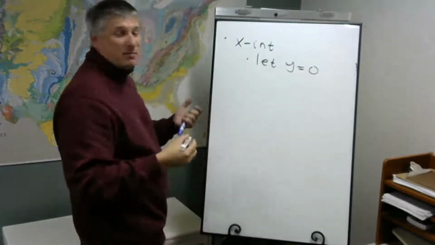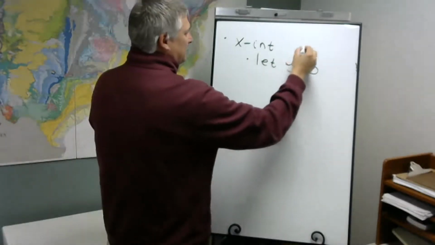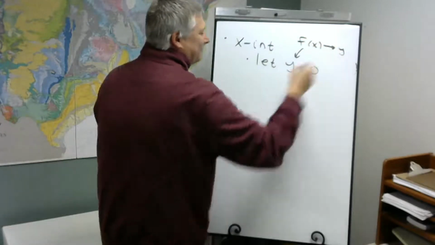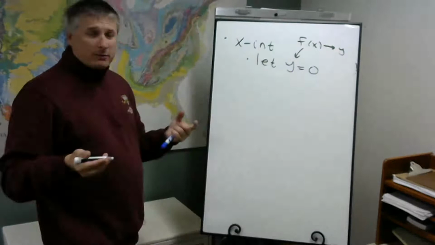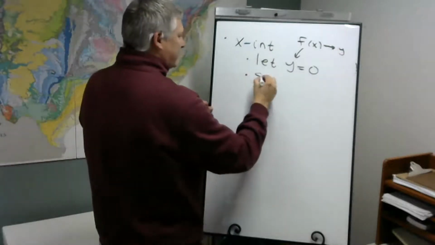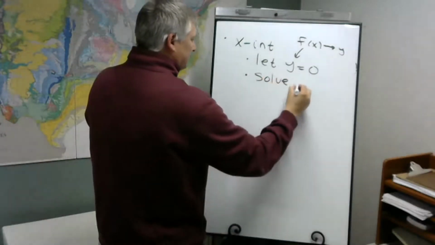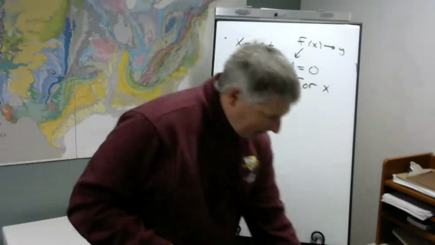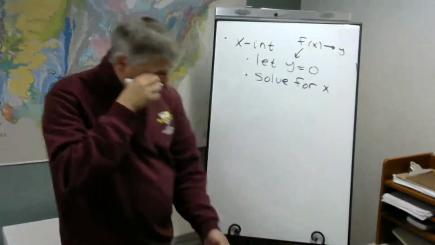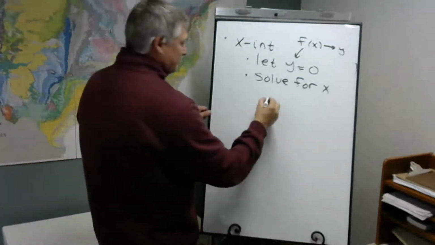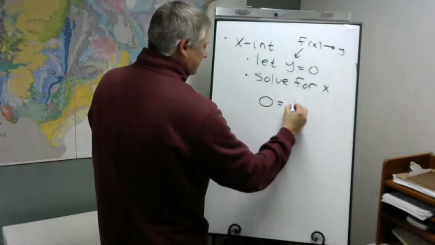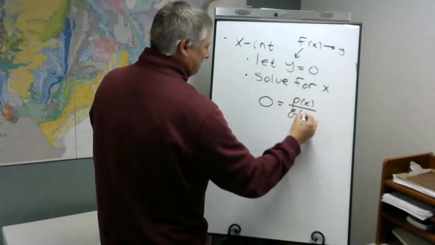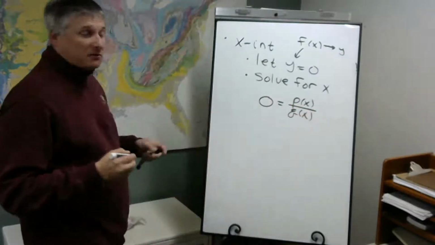Again, we make that replacement, we change f of x to y, then let y equal 0, and then we solve for x. And so what we end up doing is solving this equation. We end up getting 0 equals p of x over q of x. And we solve for x.